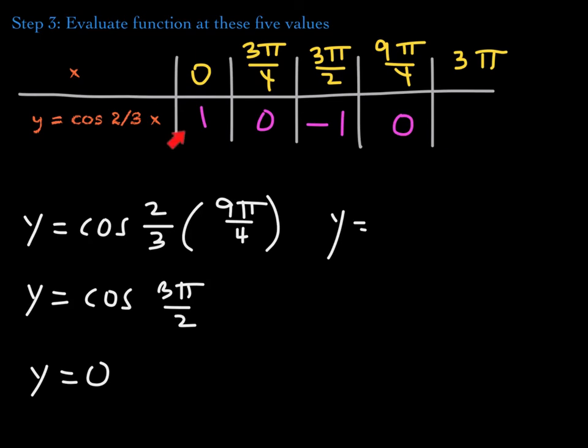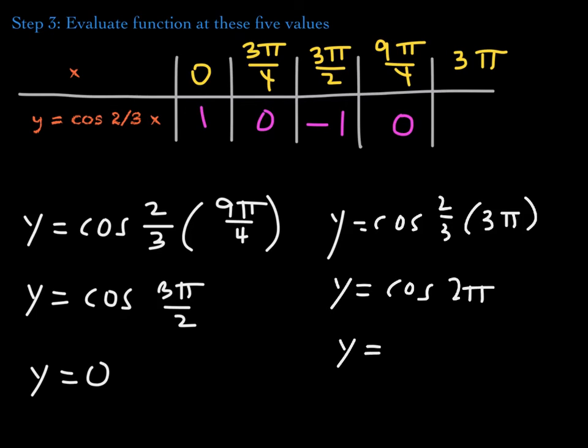Because maximum, intercept, minimum, intercept, maximum, right, everybody? So we expect to get a 1. All right, cosine of 2/3, and this time times 3 pi. This simplifies to cosine of 2 pi, which is just 1. So the pattern holds true. All right, let's go ahead and graph this.